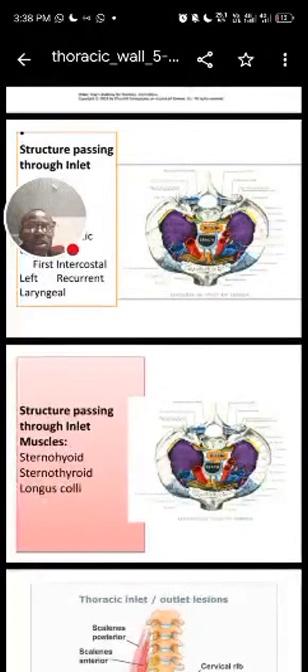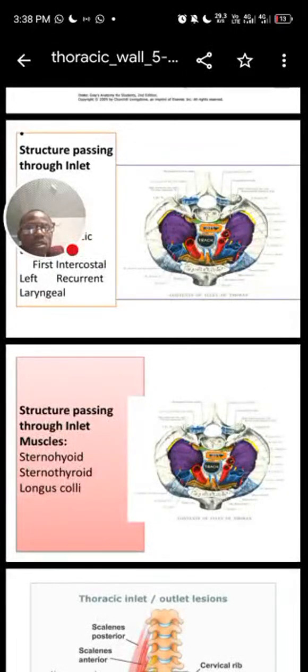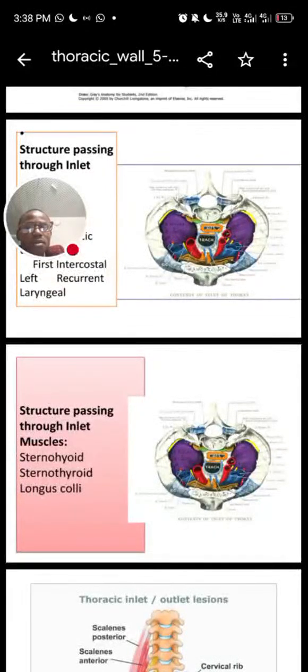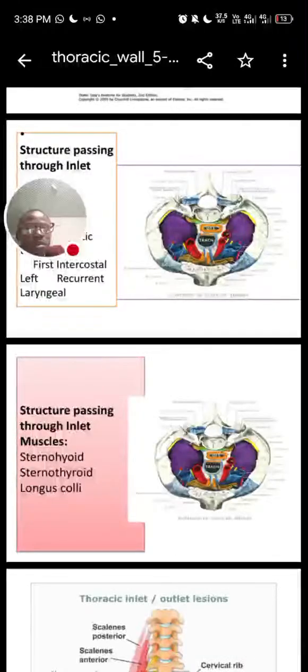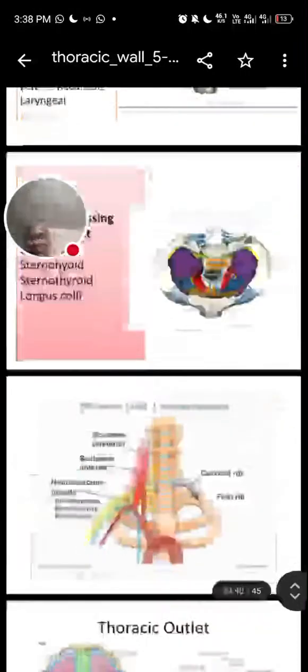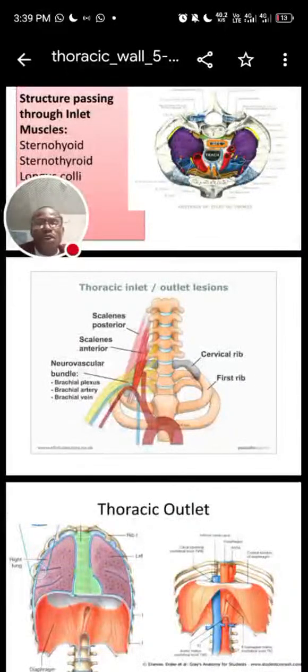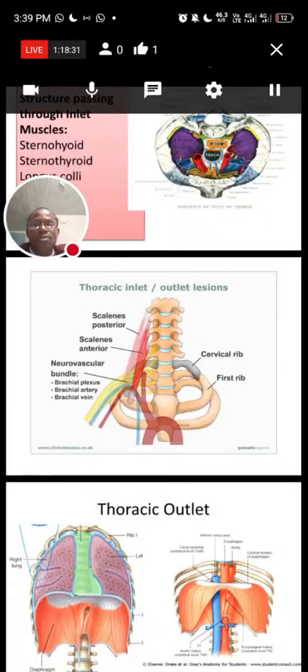First one is sternohyoid, and the next is sternothyroid, and then longus colli. Okay, so those are the inlet structures of the thorax. We're going to end this session here and go for a brief break. We're coming back again on this concept. All right, thank you very much.